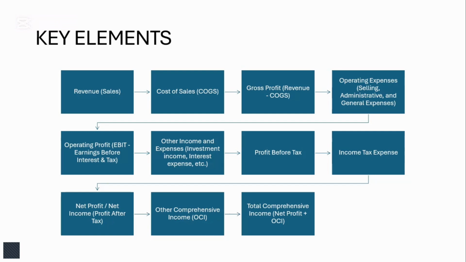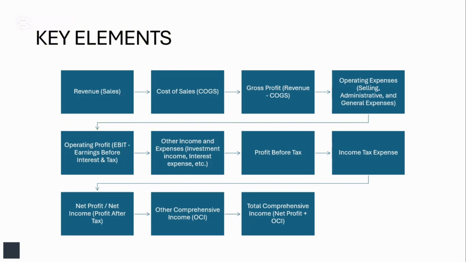When we minus our operating expenses, we get our operating profit. Then we minus other expenses and add other income to get what we call our profit before tax. Afterwards, we minus our income tax expense to get our net profit, or net income after tax.